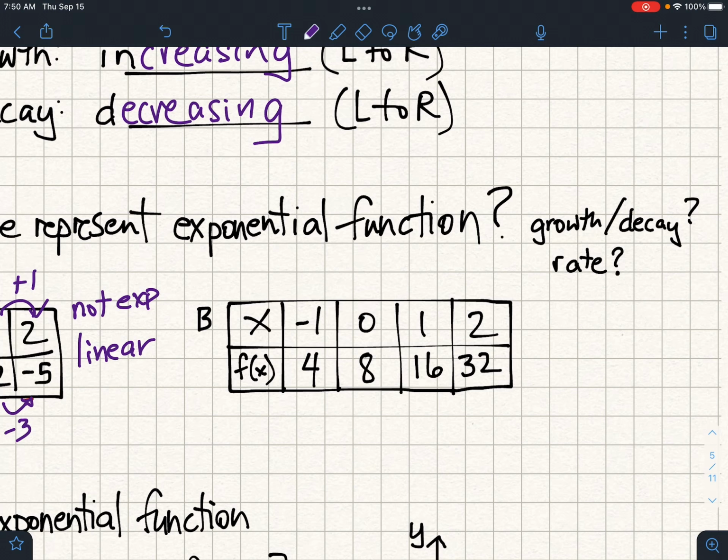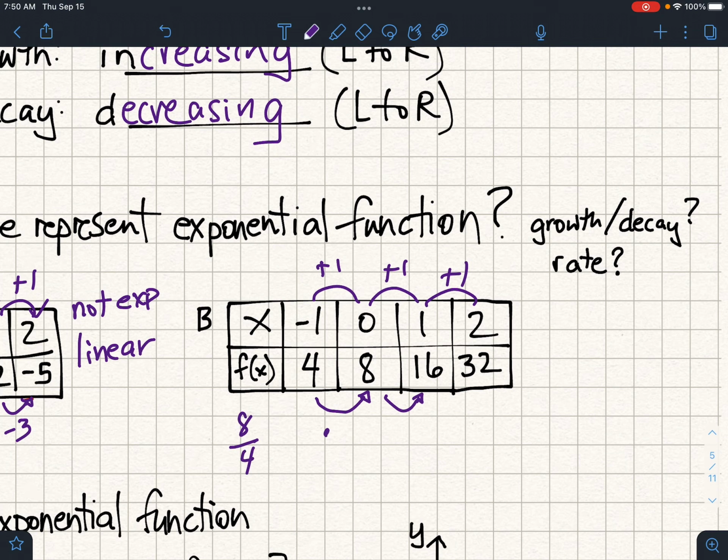Here's the second one. Notice, again, the domain values are all going up by 1. The range values, the y values, or in this case, f of x. That's function notation, also something that we learned in the past. It looks like I went up by 4, but if I look at the second one, I went up by 8. So addition doesn't work. But if I ask myself, what is 8 divided by 4?